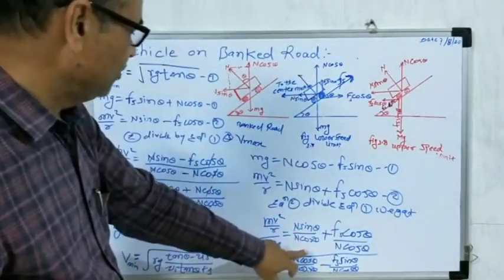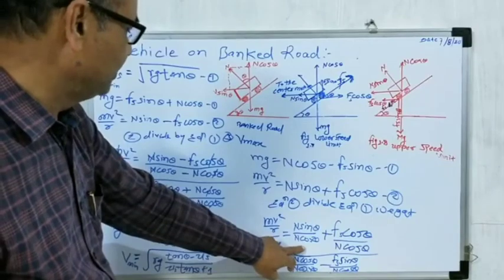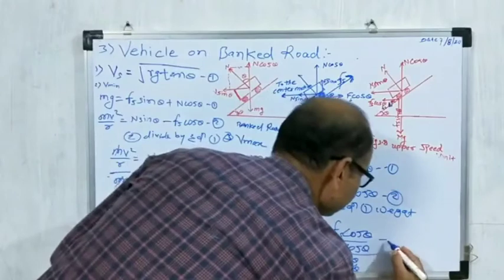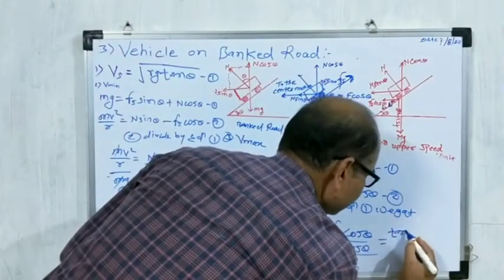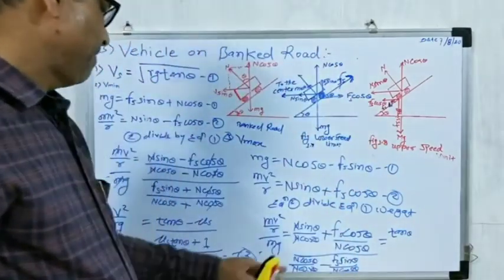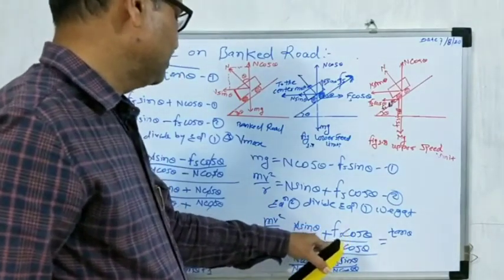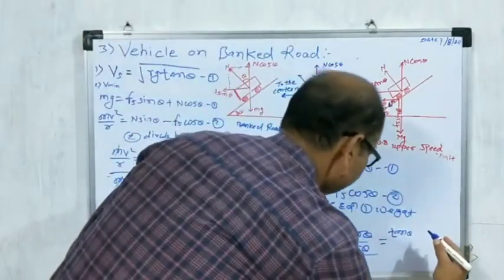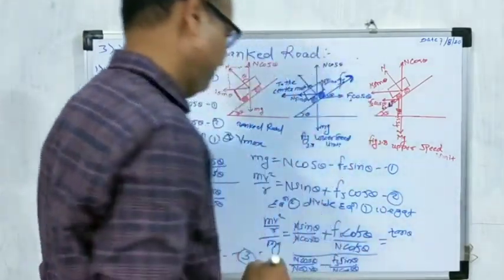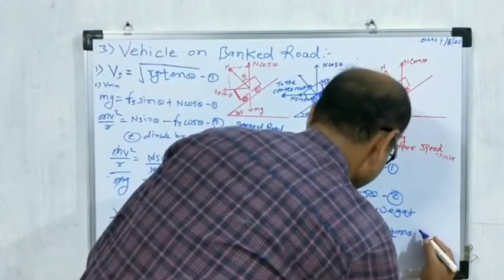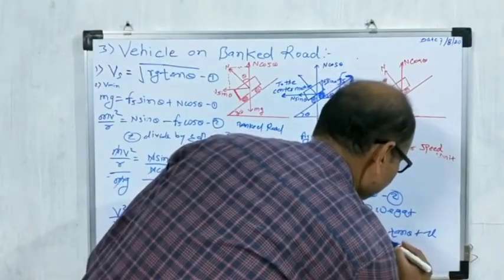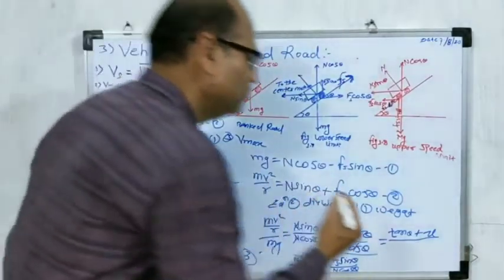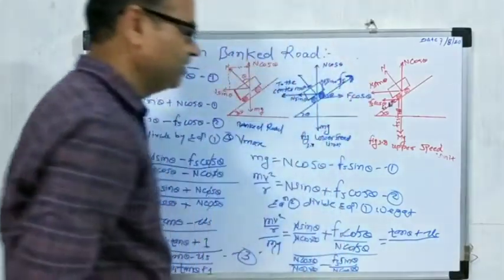Again n sin of theta divided by n cos of theta, n should be cut, sin theta divided by cos theta is equal to tan theta plus f s divided by n, that is also mu, cos theta cut, plus mu s, that is the coefficient of static friction.